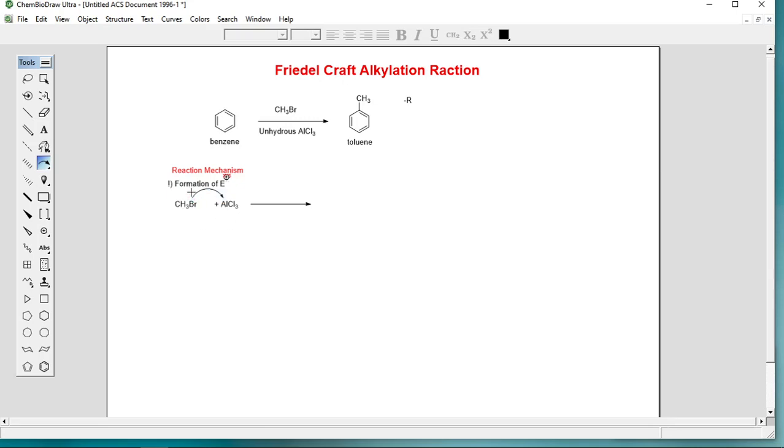Bromine gives its lone pair of electrons to AlCl3 and you get a complex, and that complex breaks into the methyl carbocation and AlCl4 minus.